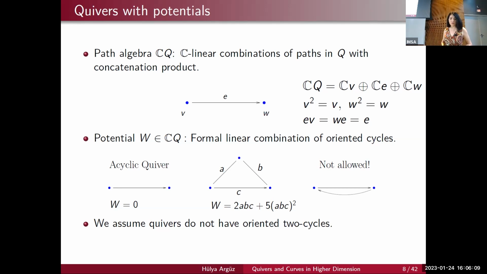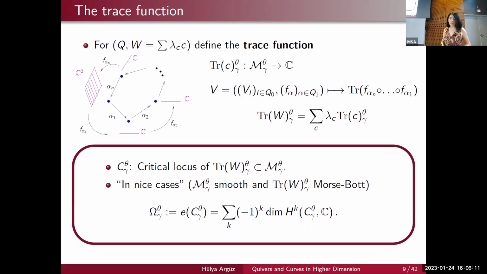So we will consider quivers with potential. In this situation, to define the DT invariants, we will consider a trace function. For any cycle C, you look at the composition of all the linear maps that are assigned to the arrows forming C, and you define your trace function as the sum of the traces of these linear maps.